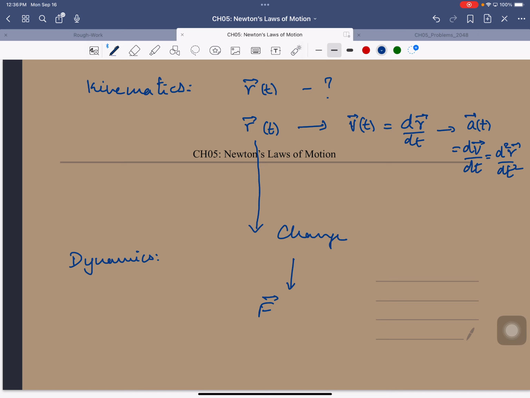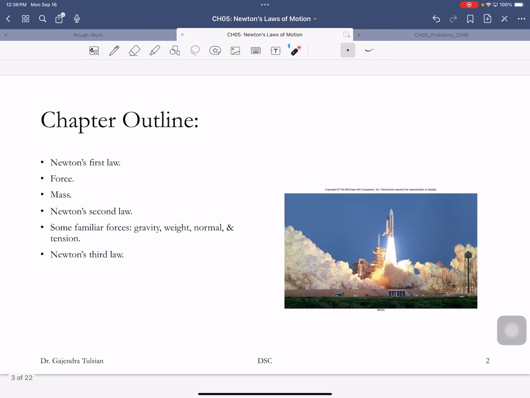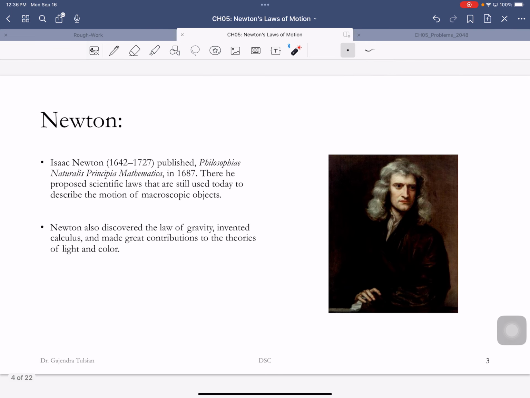What does it take to change a motion? Newton gave us these laws of motion almost 350 years ago, and that's what we'll study. These are the topics we'll cover.